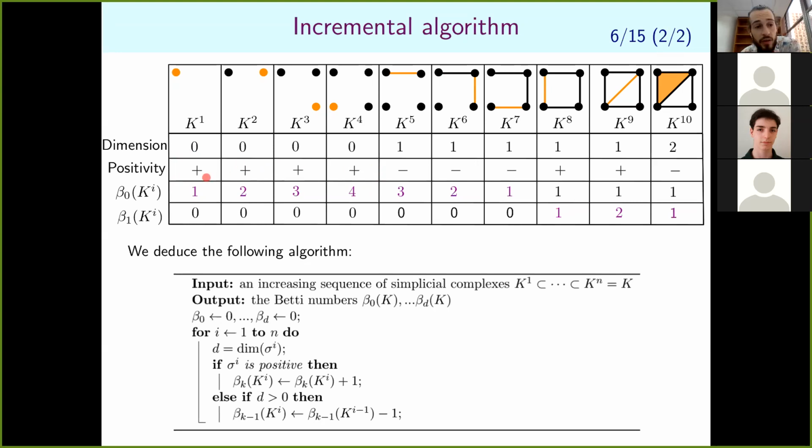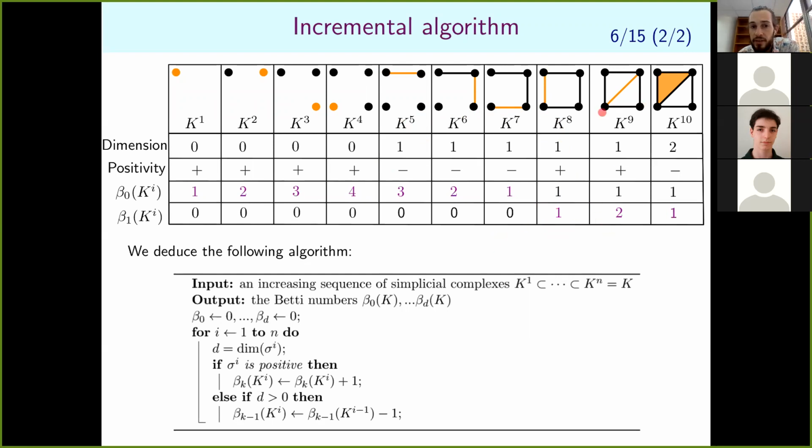So at the beginning of the algorithm, we increase beta 0 by 1 at each vertex. Then I add the edges. We have seen that the first 3 edges are negative, so I decrease beta 0 by 1 each time. And the fourth edge is positive, so I increase beta 1, the first Betti number.